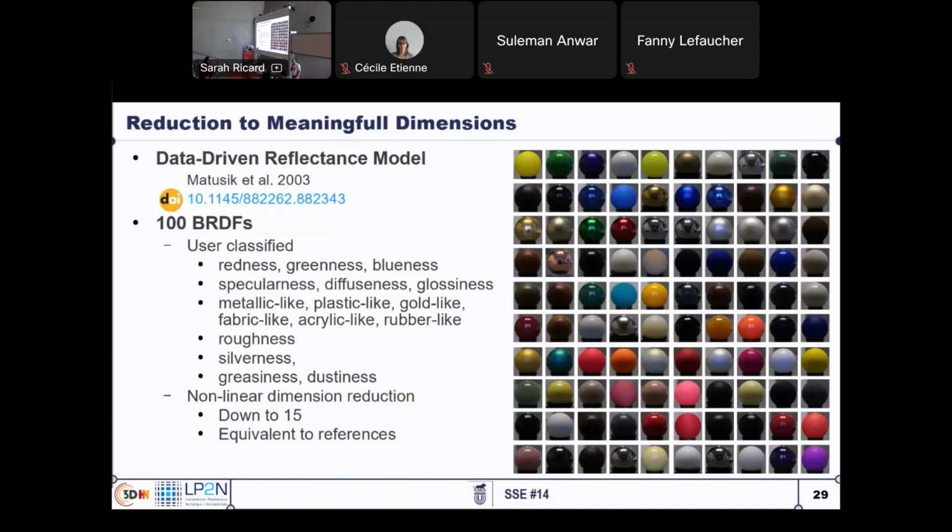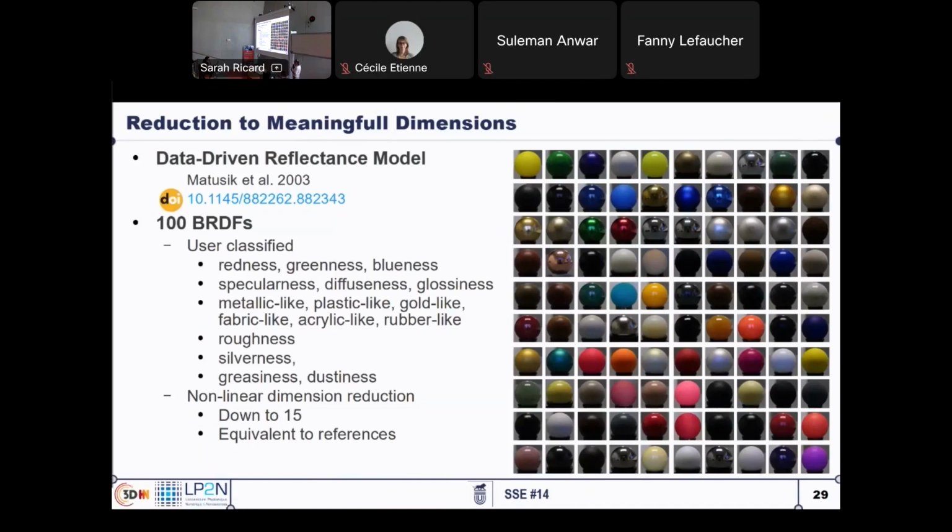What was interesting is that they then ran a small user study, and people had to classify each of the 100 BRDFs into categories.